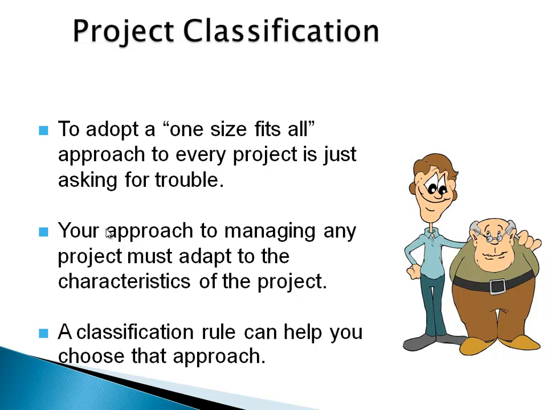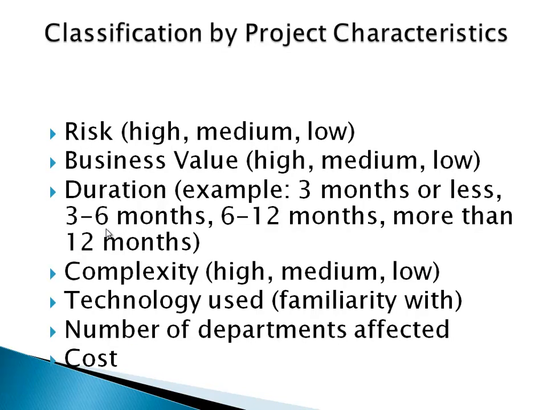Your approach to managing any project must adapt to the characteristics of that project. And like we said, each project has unique activities and complex activities, so we have to adapt to that project to be able to manage it. Classification rules can help you choose the proper approach to manage the project. So to look at the different projects, you can separate them into 4 different groups.